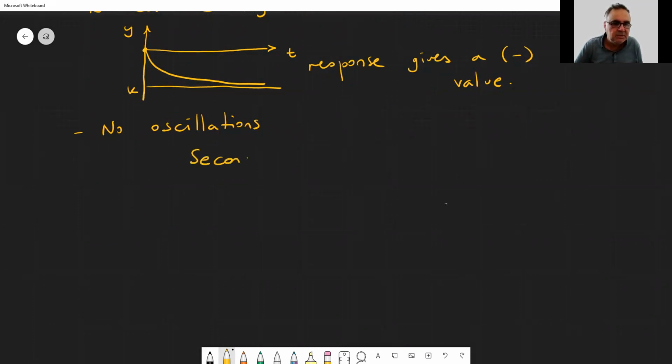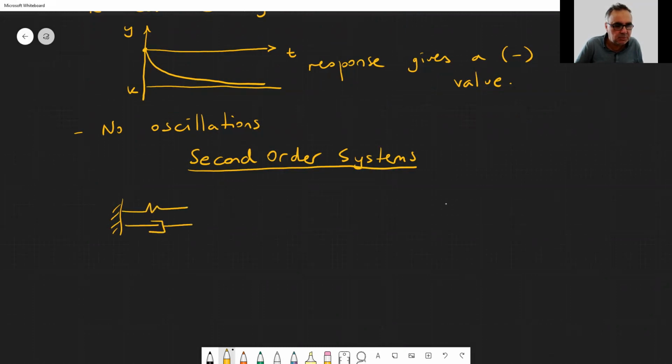If not, let me go to second order systems, which are a little bit more complex. A typical second order system, as you all know by now, is a mass spring damper system.